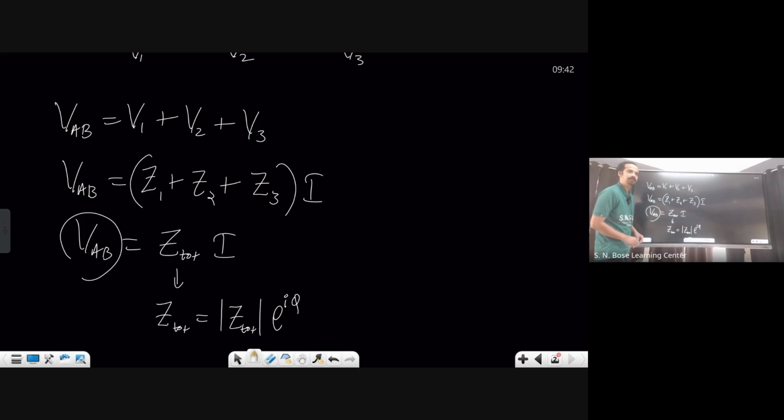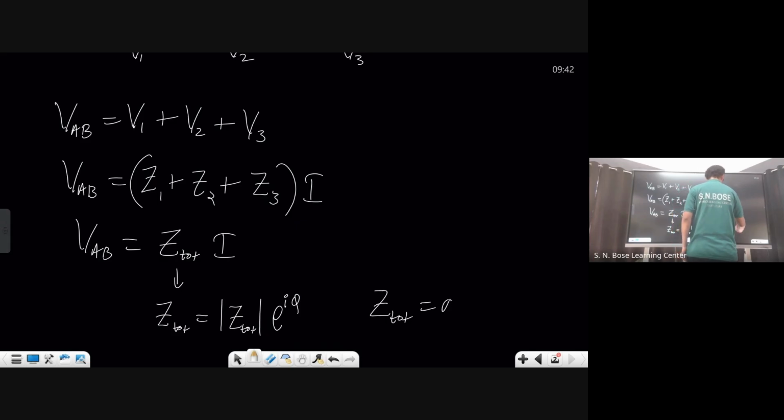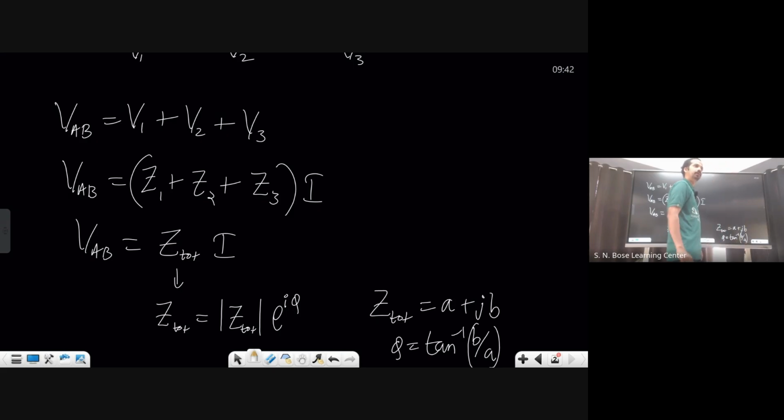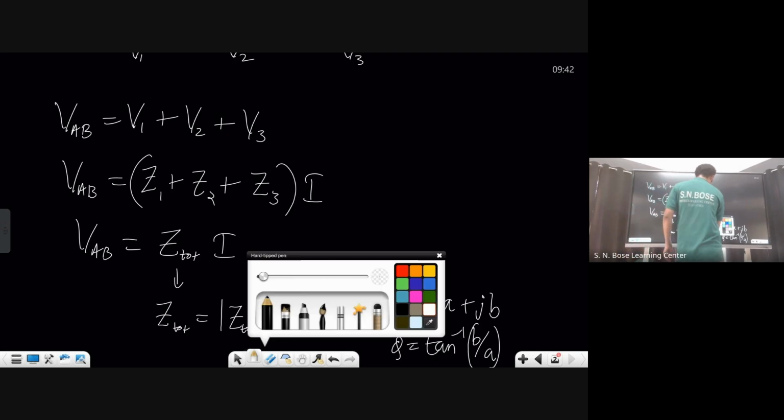If you write Z total as A plus JB, phi is nothing but tan inverse of B by A, imaginary part by real part. That's quick actually. Is that okay?